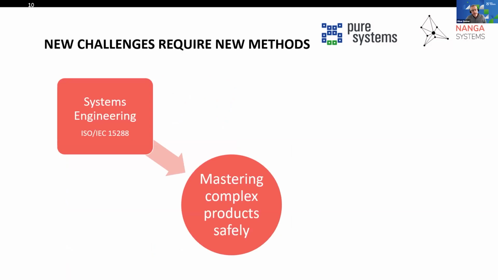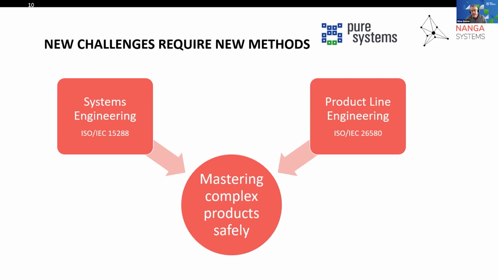This is one way you can manage these new challenges with the methodology of systems engineering. And there's another one, possibly not so well known at the moment. This is product line engineering. There's also a standard behind it, ISO 26580. And this will also help you to manage these challenges.